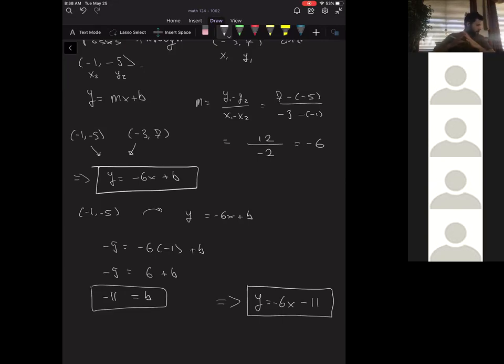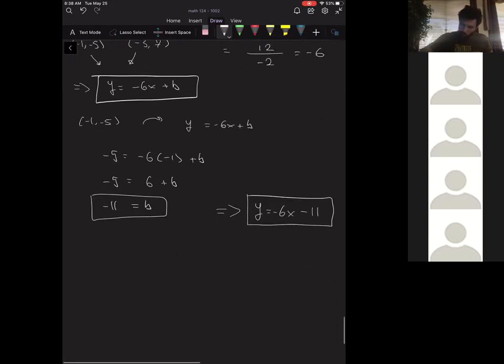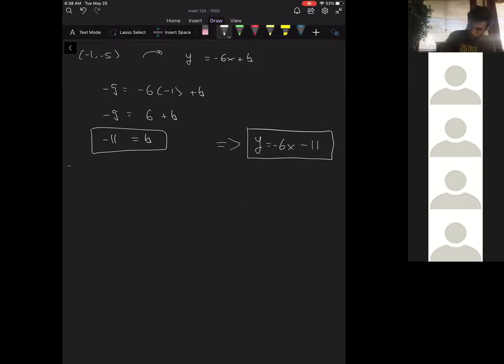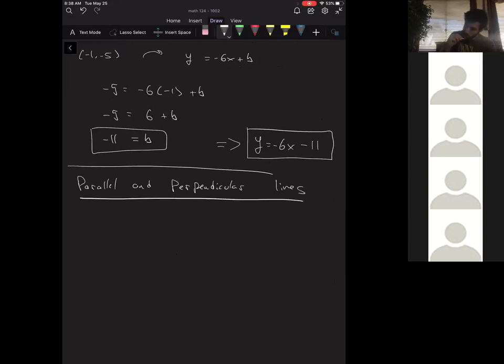Okay, so the next bit, we'll deal with parallel and perpendicular lines. So let's say we have a line y equals mx plus b.